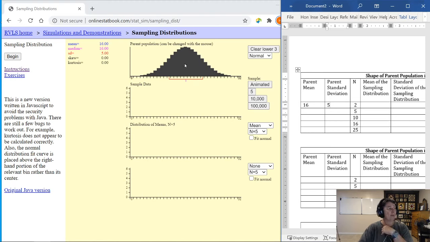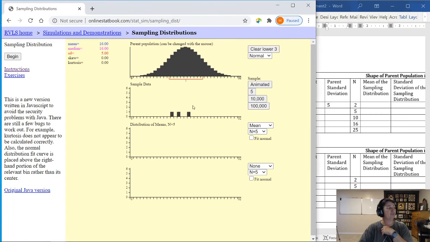So let me just show you what I mean. Here I have my population of data. I'm going to drop down 5 women's heights. See, these are those 5 data points, those 5 random women's heights. And then I found the mean of those 5 women's heights, and that mean I plopped down here. I'm going to do that same thing again.